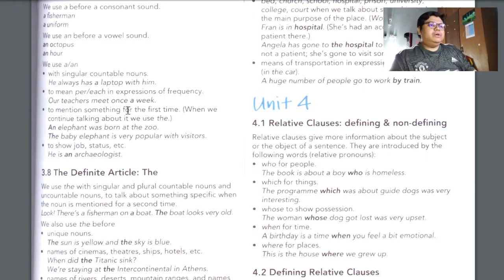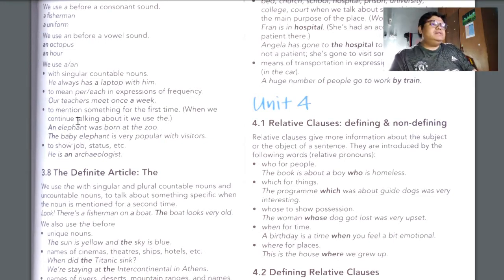Untuk a week tu, since W is W sound, we use a. Week, this is countable lah kan. Because a week is minggu. We can count weeks. 1 week, 2 weeks, 3 weeks.